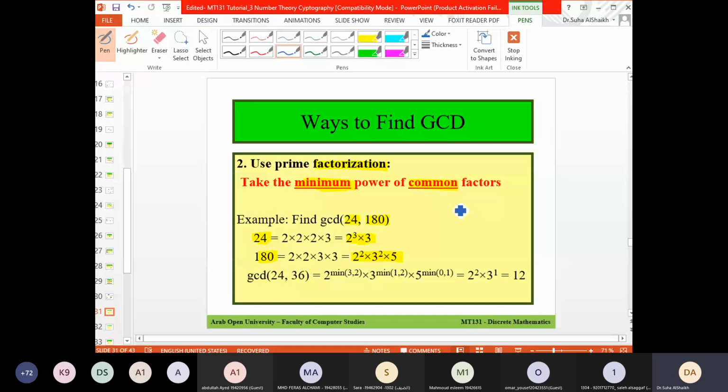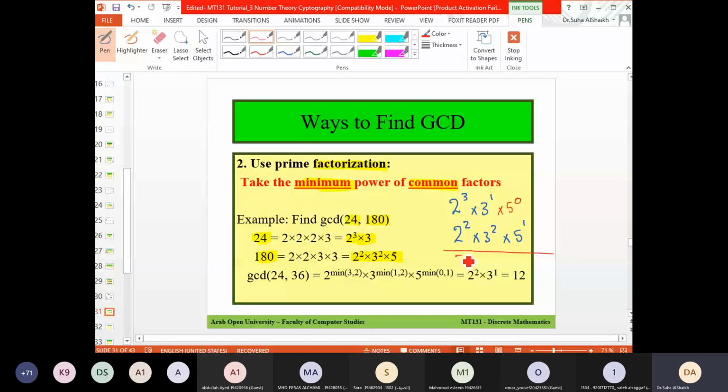We write them on top of each other in a parallel way. This one is 2 power 3 and 3 power 1. The second one is 2 power 2, 3 power 2 and 5 power 1. If there is no power, it means power 1. Notice that here I don't have 5, so I can add 5 to the power 0 to keep balance between them.